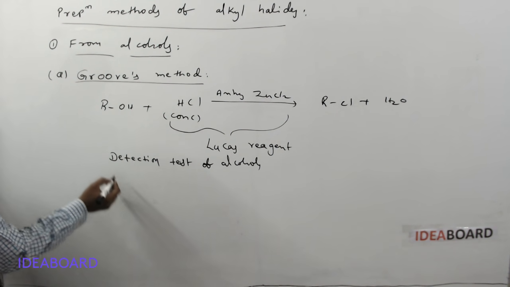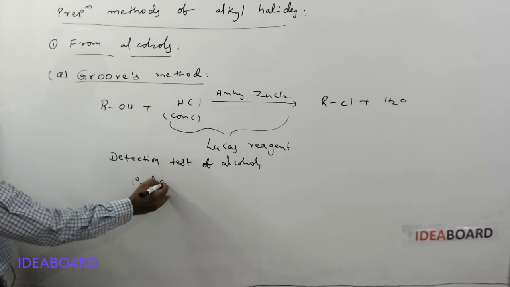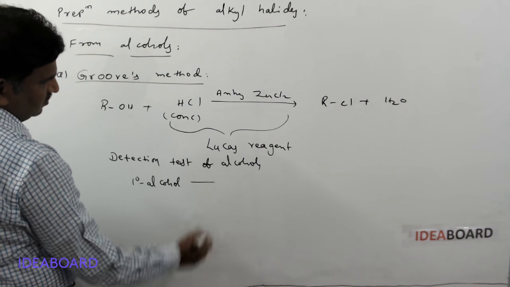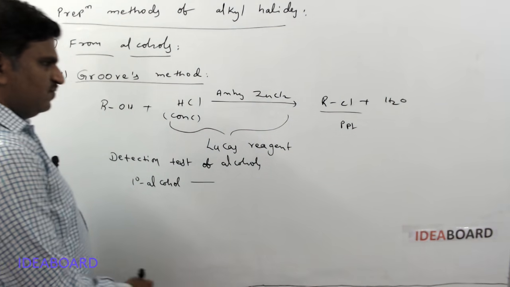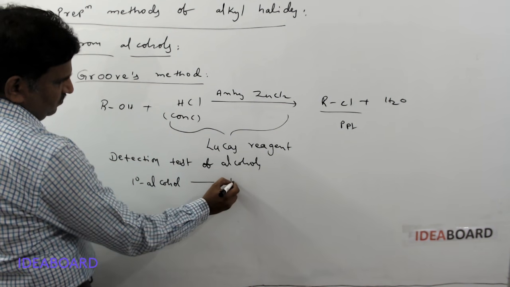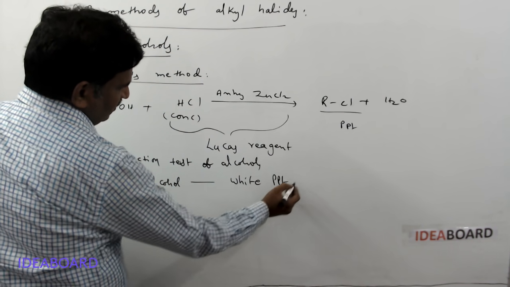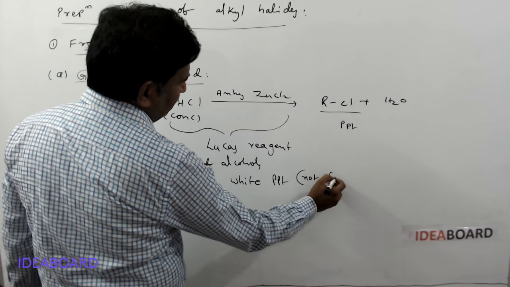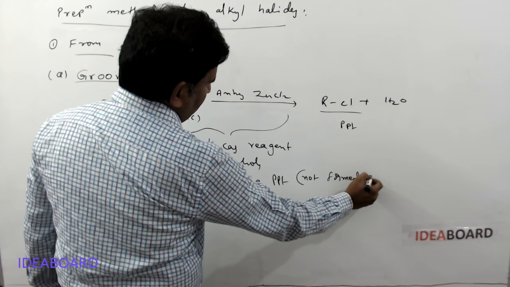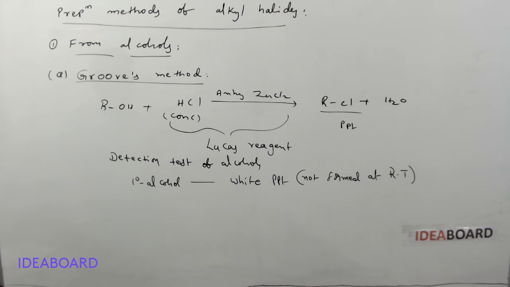If we are taking a primary alcohol, the white precipitate of alkyl chloride is not formed at room temperature. RT means room temperature, when we are taking a primary alcohol.